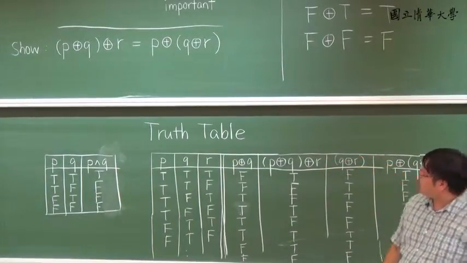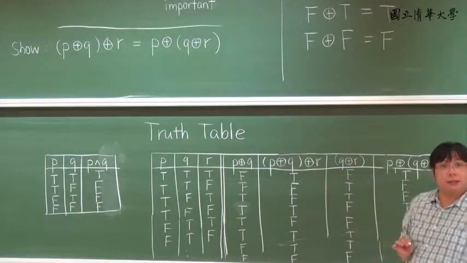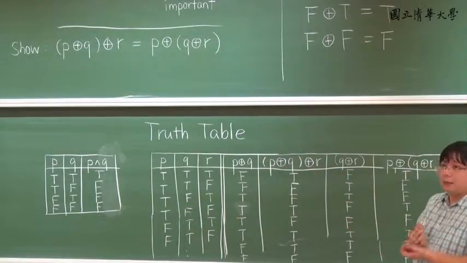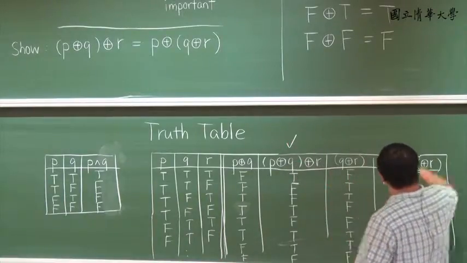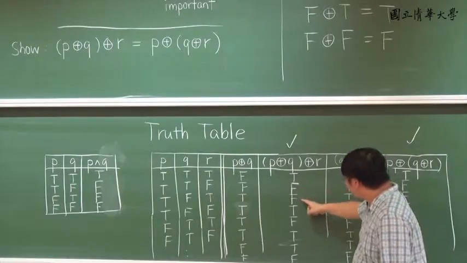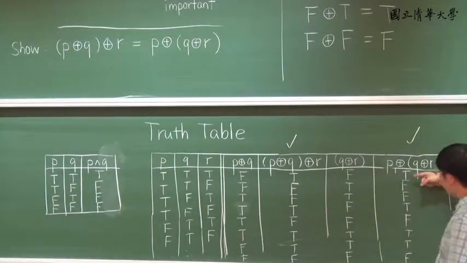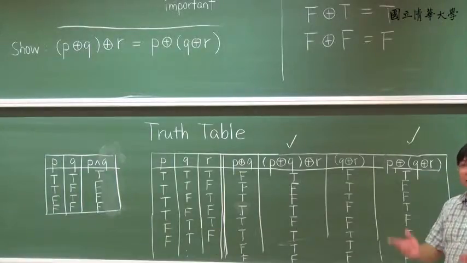Okay, when everything is done, at this moment we know all the possible scenarios, and then we want to show what? We want to show that the left-hand side proposition agrees all the time with the right-hand side. So we focus on this one and this one, these two columns. You look at it, true, false, false, true, false, true, true, false. Okay, true, false, false, true, false, true, true, false. And that's great.